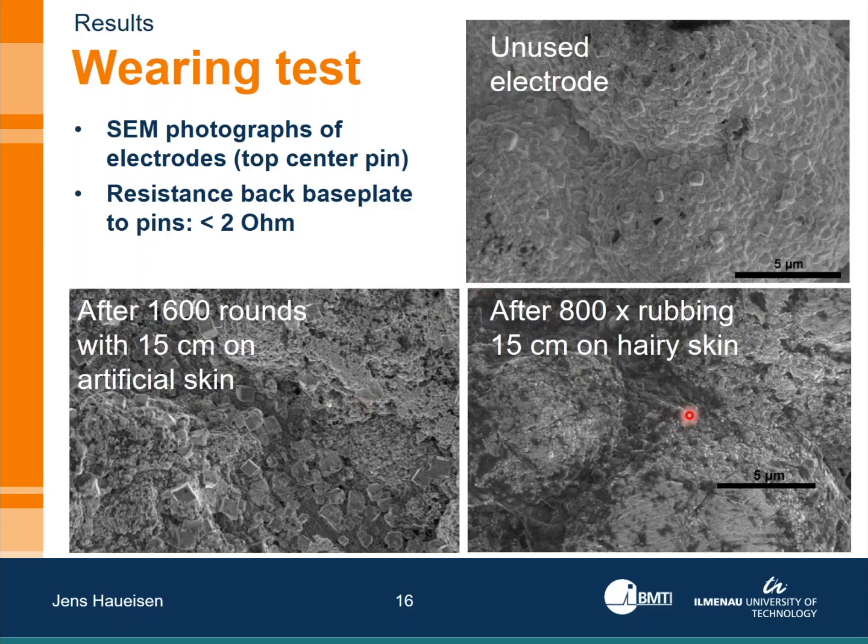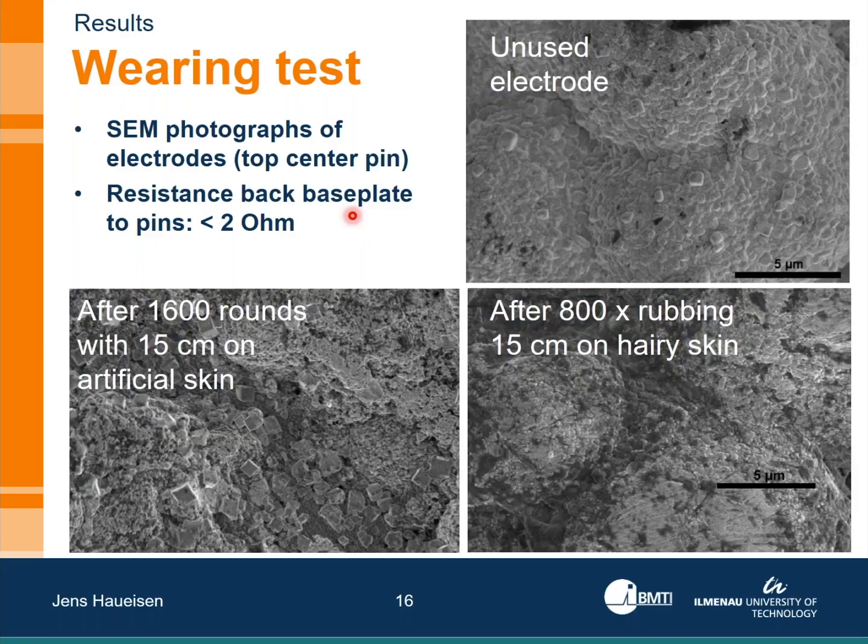And we have here another electrode after 800 rubbings on hairy skin. It's actually a male forearm skin where we move the electrode up and down. And we did this by now for 9 samples with the movement on artificial skin as well as on hairy skin, on real skin.